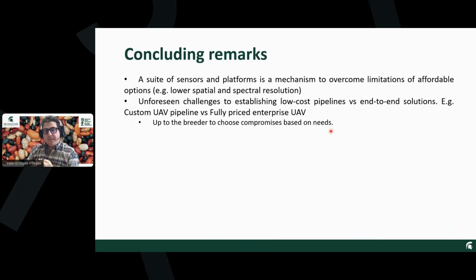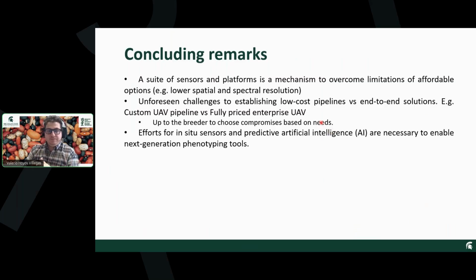There are some unforeseen consequences of establishing low-cost pipelines versus end-to-end integrated solutions, which are usually commercial. This is the case, for example, of a custom UAV pipeline developed in-house versus a fully priced enterprise UAV pipeline. So this is a matter of the resources available.